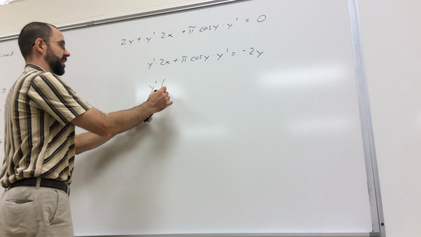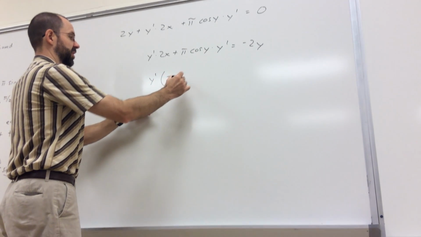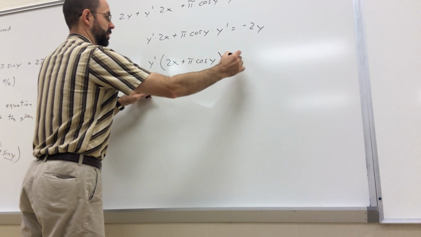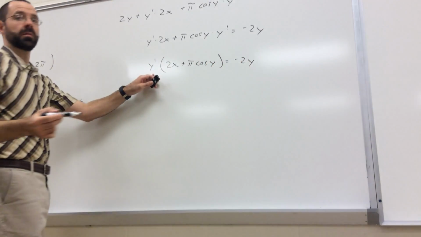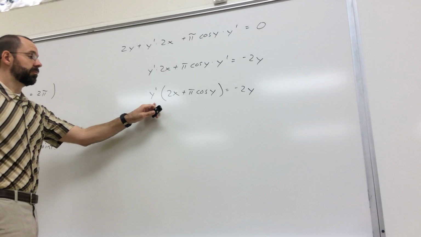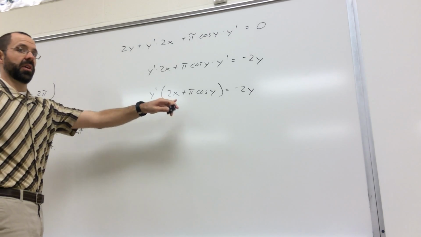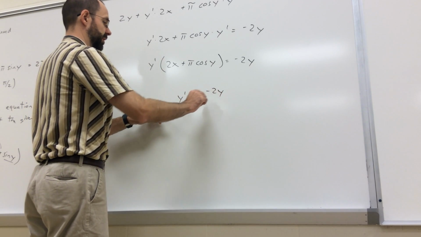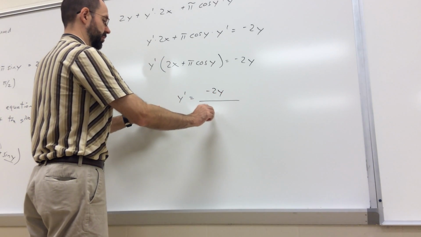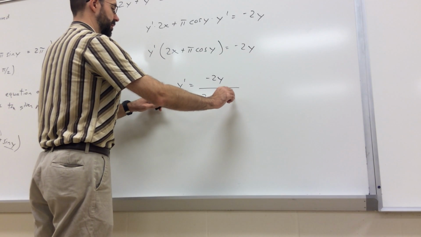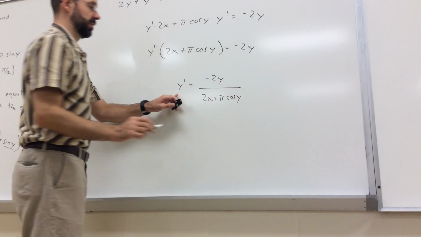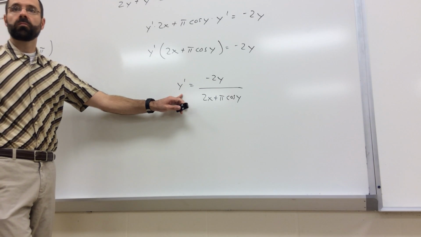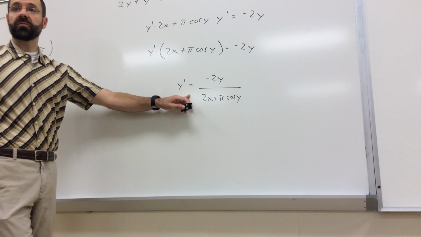So it's y prime times (2x plus pi cosine y). And then divide that over. So it's y prime equals negative 2y over (2x plus pi cosine y). So there's the formula for the derivative.